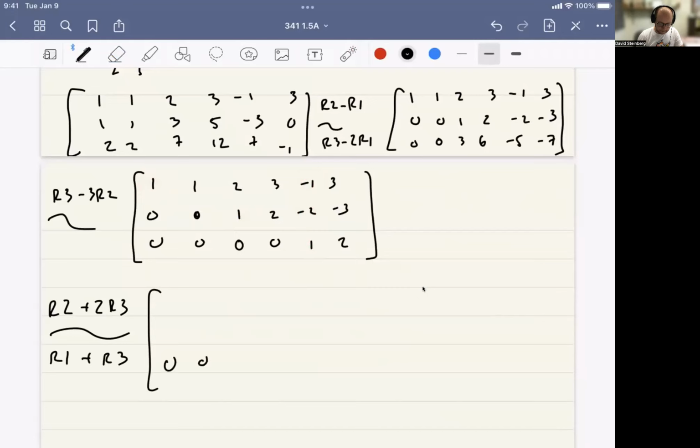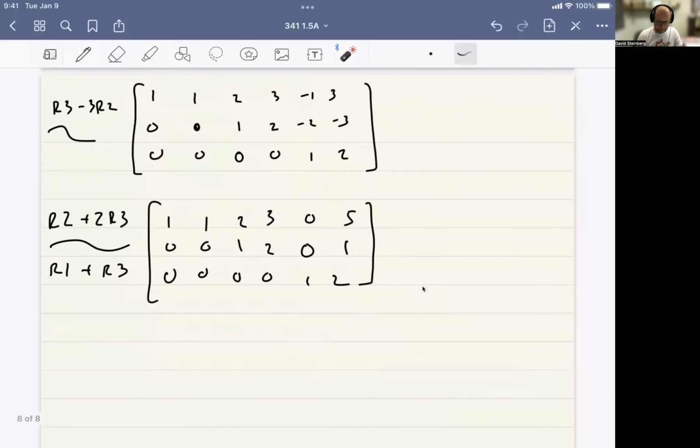That hasn't changed. 0, 0, 1, 2, 0, 1, and then 1, 1, 2, 3, 0, 5. Okay, now we use this 1 to get rid of that 2, and we'll be all set.